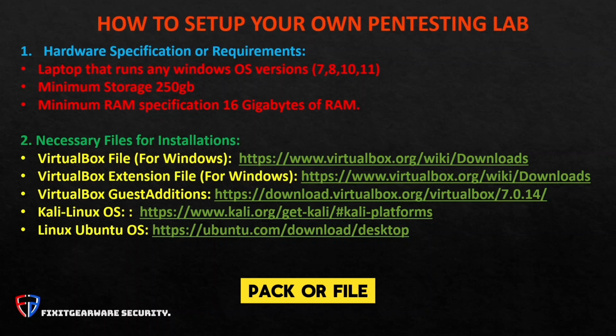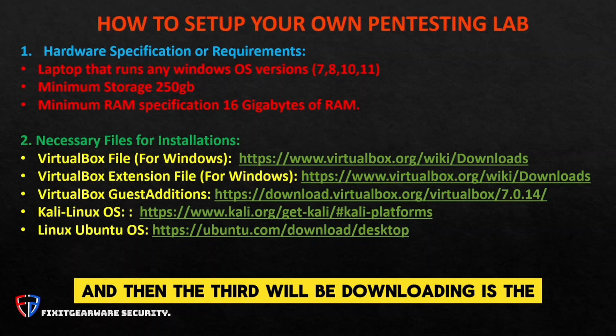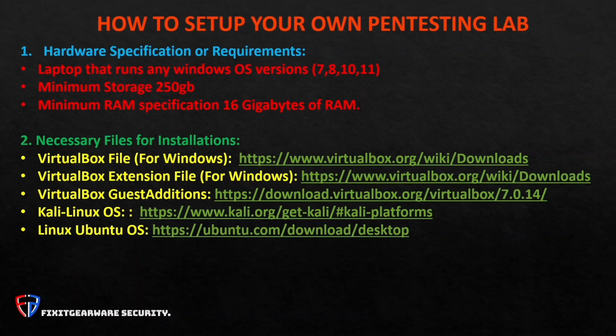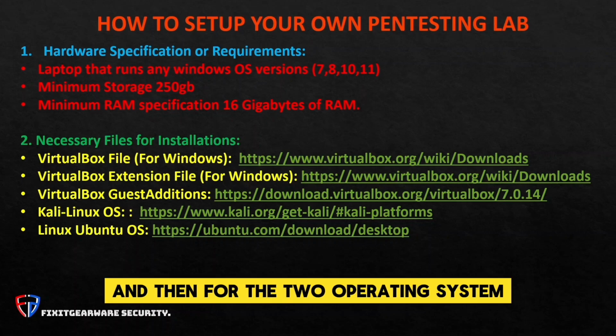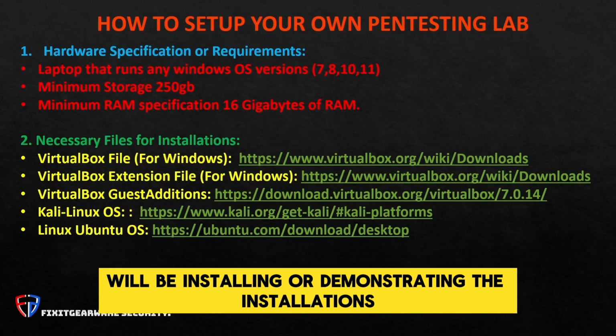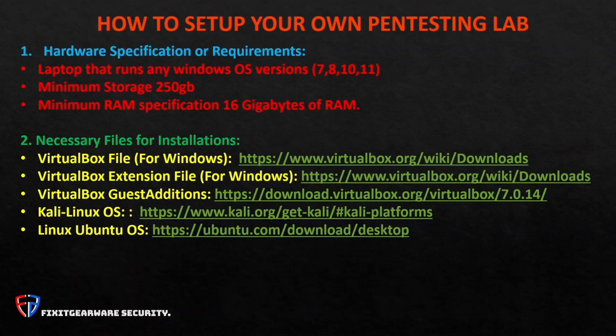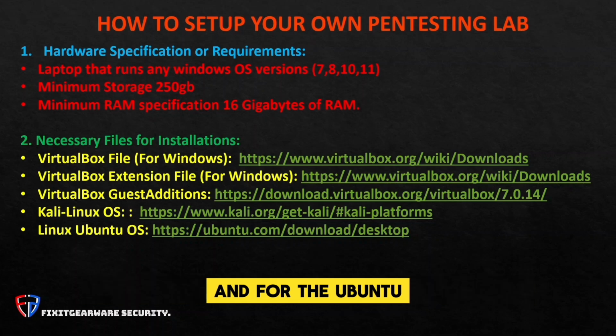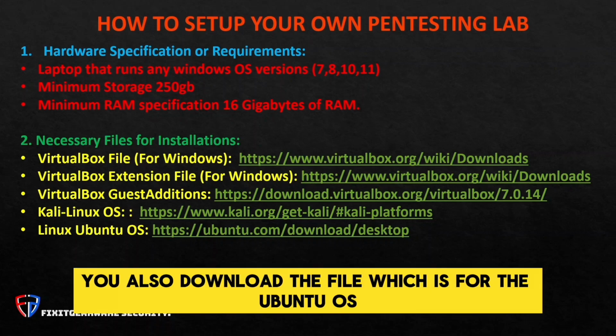Then the third is the VirtualBox guest additions. And then for the two operating systems we'll be installing, for Kali, you will download a file which is the Kali OS. And for Ubuntu, you also download a file, which is for the Ubuntu OS.